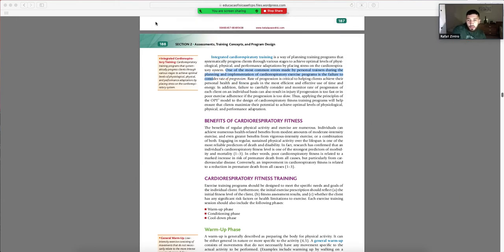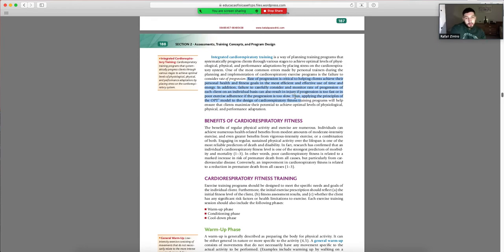Well, let's move on to something else. So let's read it again. Rate of progression is critical to helping clients achieve their personal health and fitness goals in the most efficient and effective use of time and energy. In addition, failure to carefully consider and monitor a rate of progression of each client on an individual basis can also result in injury if progression is too fast or in poor exercise adherence if progression is too slow.